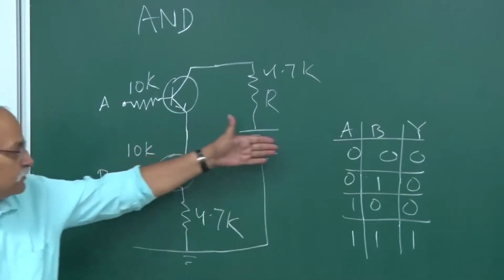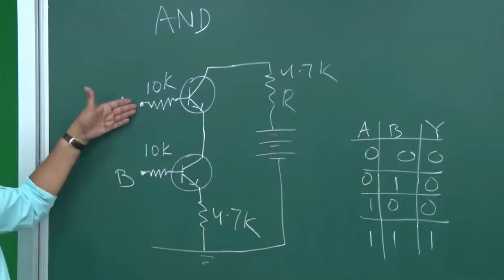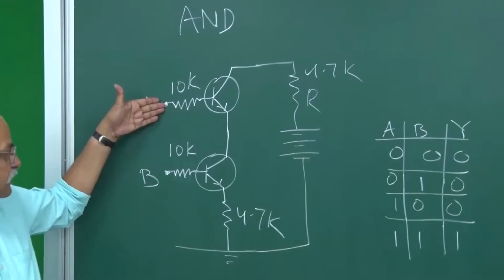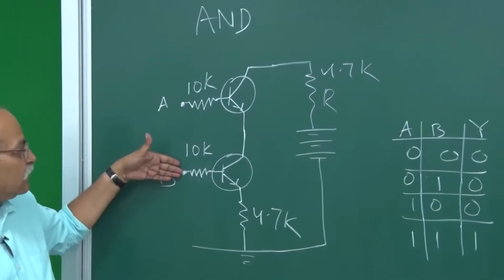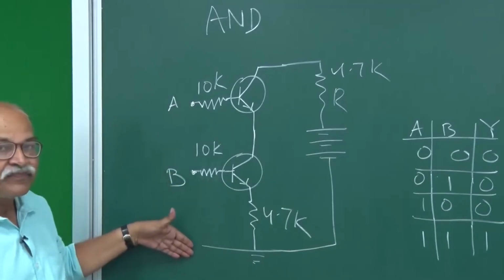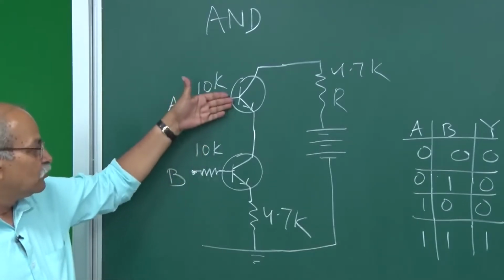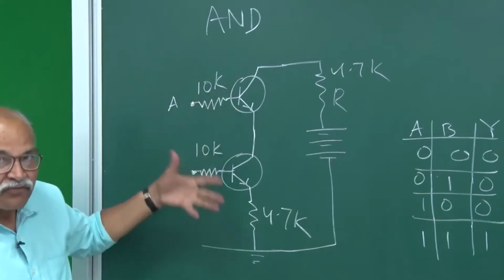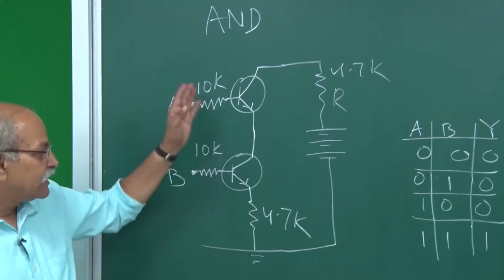So, if A is 0, B is 0, you are not giving any biasing here, you are connecting it to ground, you are also connecting it to ground. In that case, both the transistors are in cutoff mode and therefore no current goes.